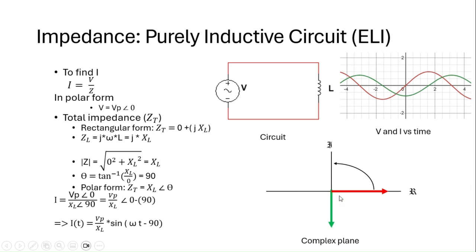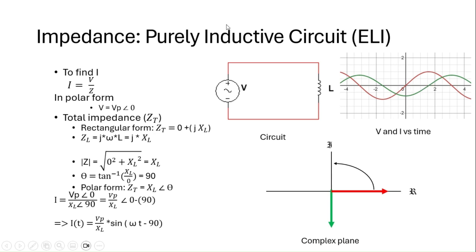Okay, where this is the voltage vector, this is the current vector. And again, we're spinning counterclockwise. So that means if we're spinning both at the same rate, which we are, this voltage will always be ahead, which is what we see up here, right? This crosses the zero line here, and then this crosses it much later in time.